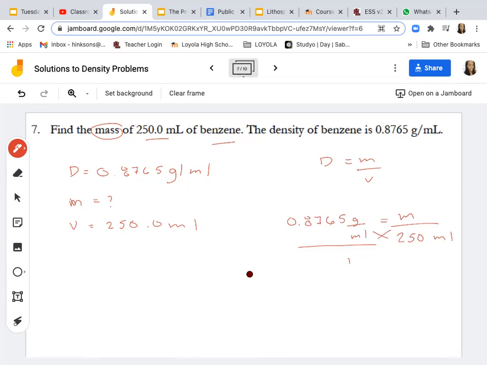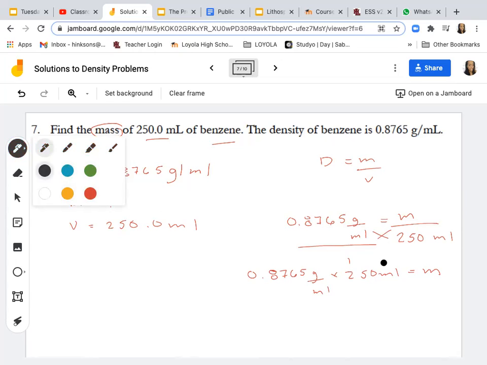Okay, so you did 0.8765 grams per milliliter times 250 milliliters is equal to the mass, which is cross multiplication, right? You did 250 times this and then 1 times m, same thing. Okay, cool. And what cancels out? The milliliters cancel out, and what are you left with? Grams, right? Which makes sense because we're solving for mass.